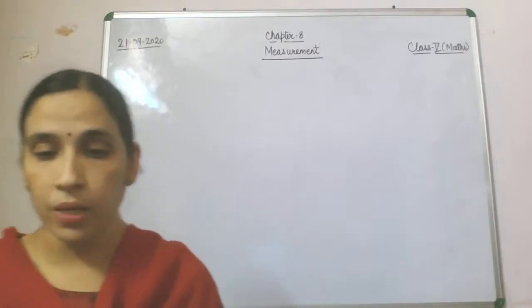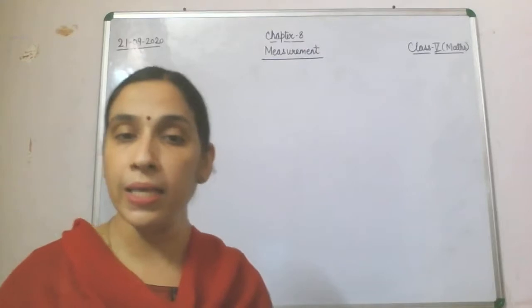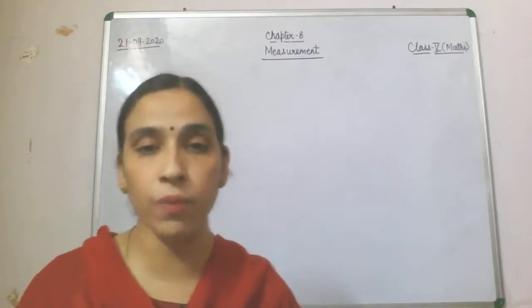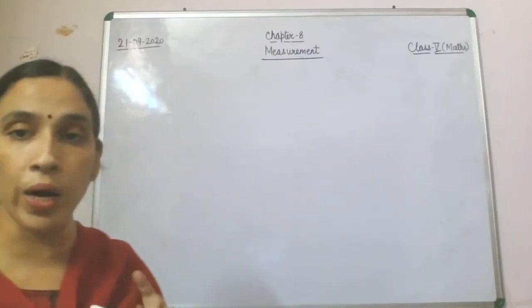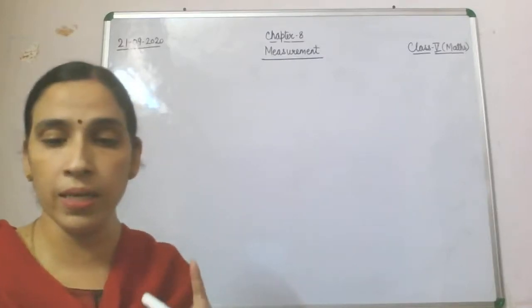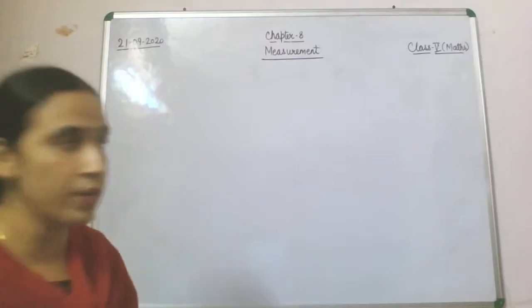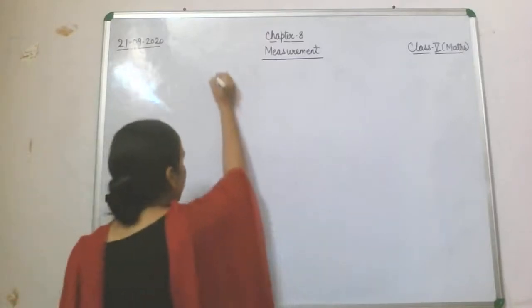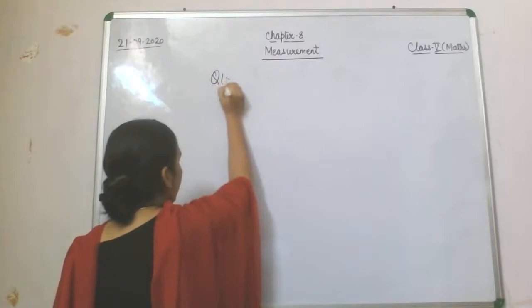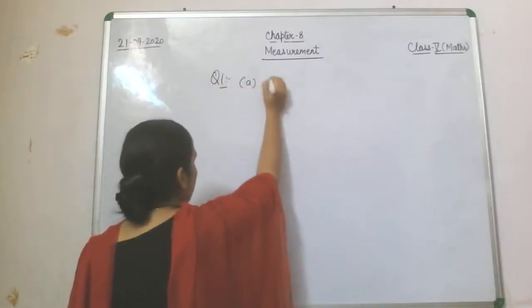In this case we'll take chapter test question 1: circle the correct answer from the given options. Now you have been given different options. So here we'll see one example, question 1, that is part A.